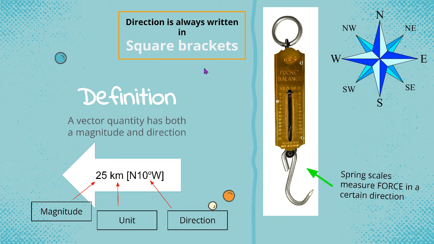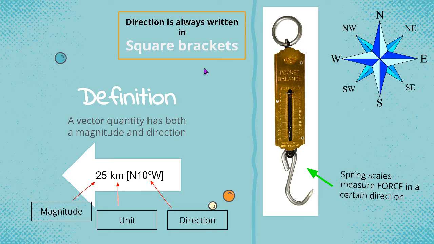All right, so vectors. A vector is a quantity that has both a magnitude and direction. If you look at this example here, you have an arrow on your paper, one that you're going to put the definition in, and then you have another one. So if we look at this example here, we have 25 kilometers north, 10 degrees west, right?